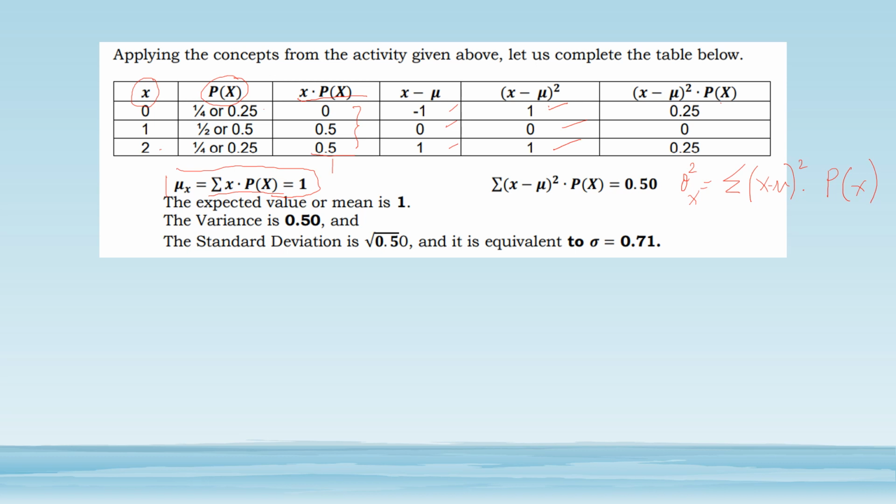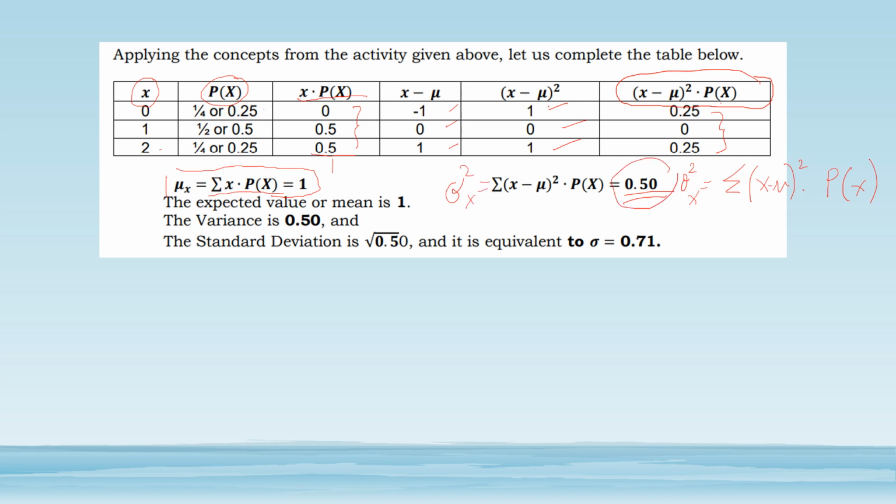For us to get the variance, since it is the summation of x minus mean squared times probability of x, we will just add all of these. So 0.25 plus 0 plus 0.25 will give us 0.50. And this is our variance.